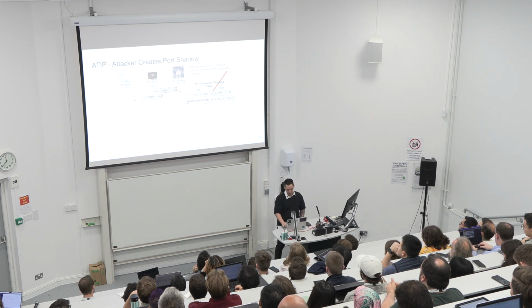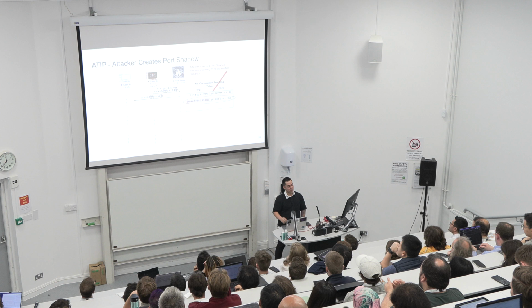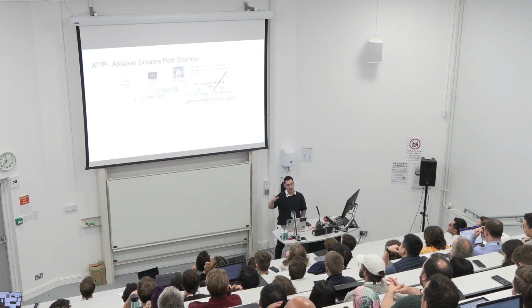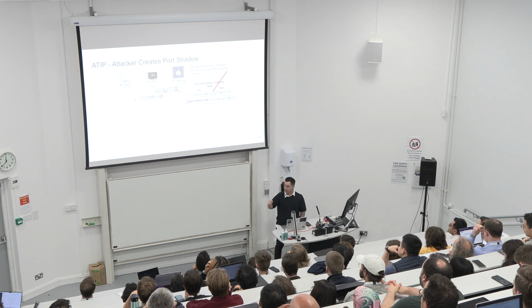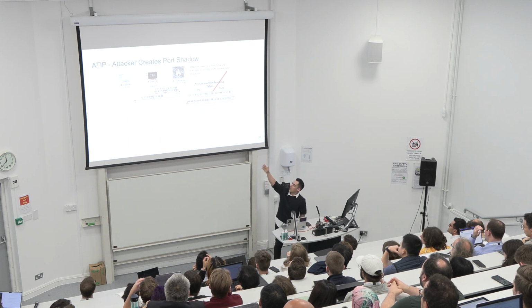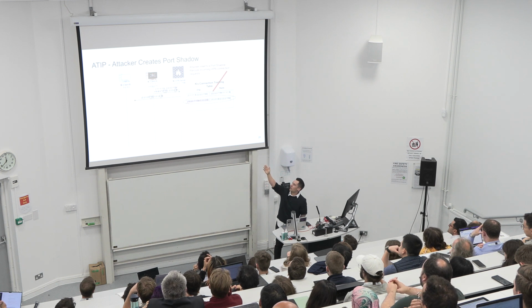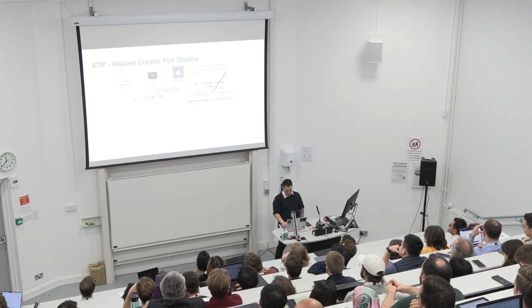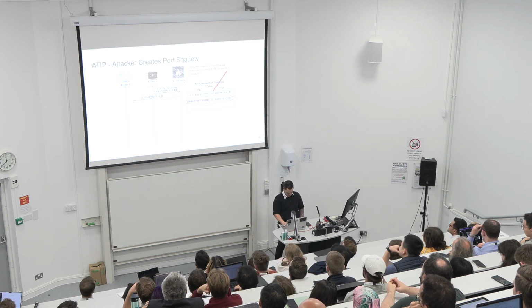The important detail of this packet is that the source port of the attacker's packet is equal to the listening port of the VPN server. What this does is it creates a collision for any incoming packets towards the VPN server. And if you notice, the entry circled in red has this property where there's the private IP of the attacker and then the VPN server's public IP and public port.